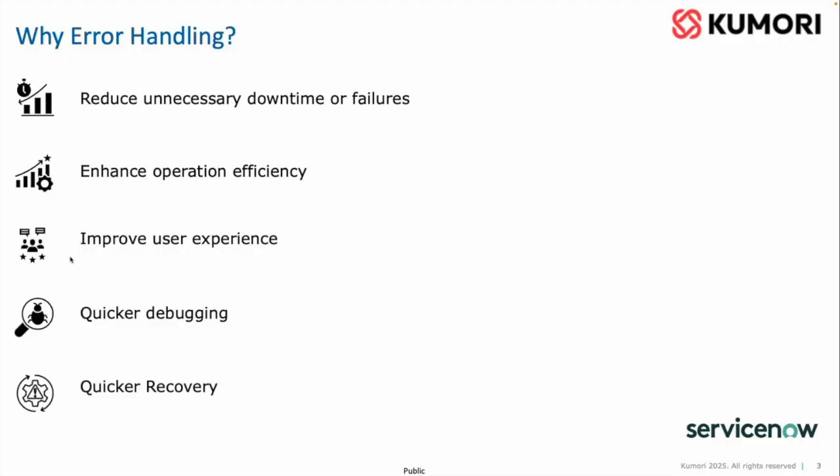Due to this reduced downtime or failures, in turn, we will enhance the operational efficiency, which improves the user experience, since there will be fewer failures or downtimes. It also gives us an opportunity to present the user with human readable errors, so they can understand what's going on in the system.